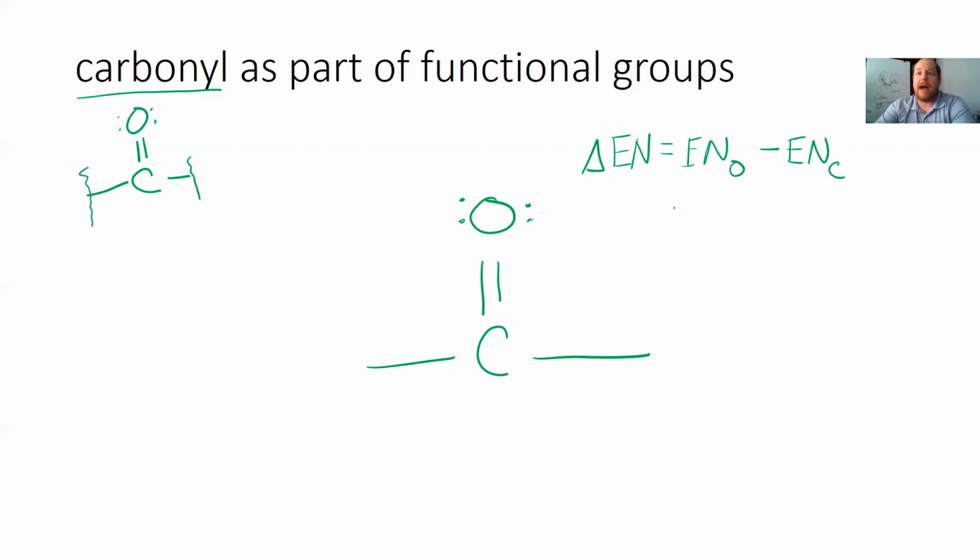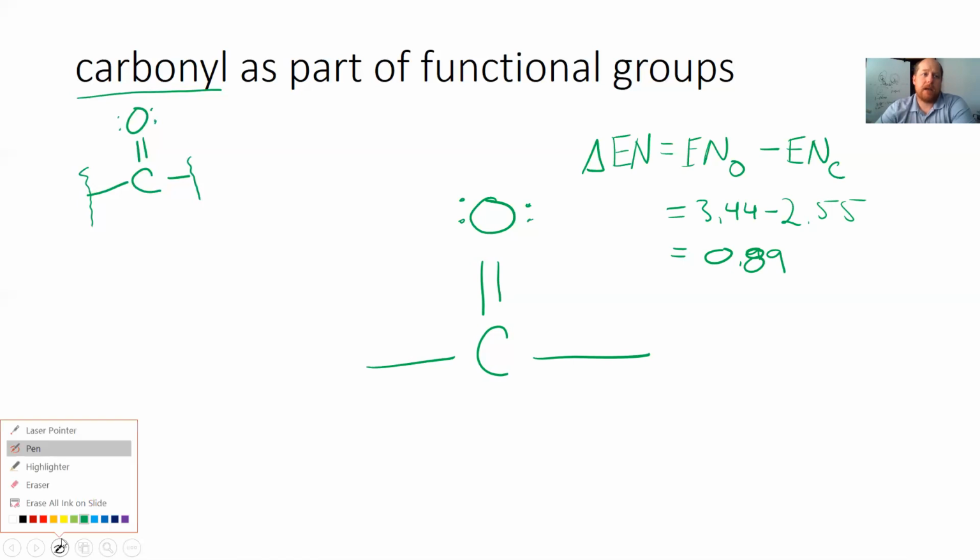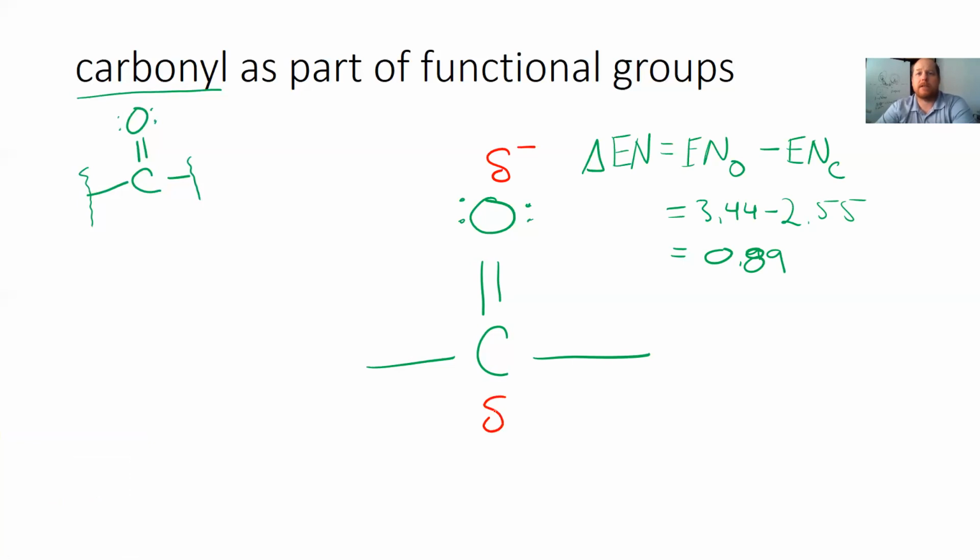And so that's going to equal 3.44 minus 2.55. And so you get a value of 0.889. Okay? And so this bond is polar. It'll have a partial negative on the oxygen, and it'll have a partial positive on the carbon.